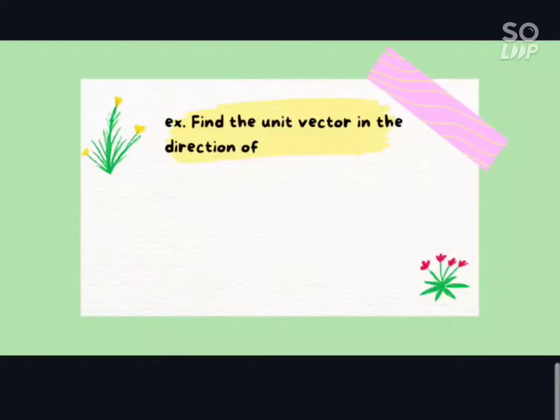So how are we going to start? We find the magnitude. You take the square root of the sum of the squares of each coefficient. So we have the square root of 4 plus 1 plus 4, and we end up with a magnitude of 3.